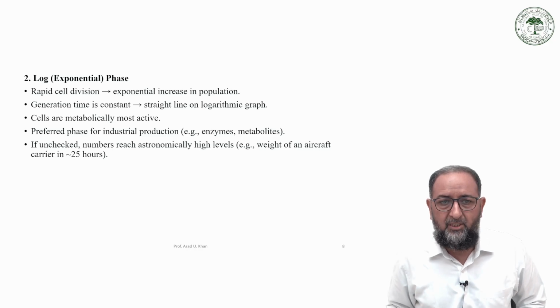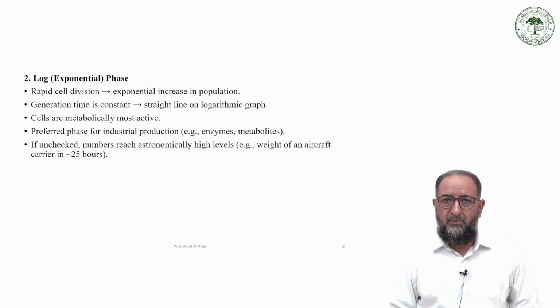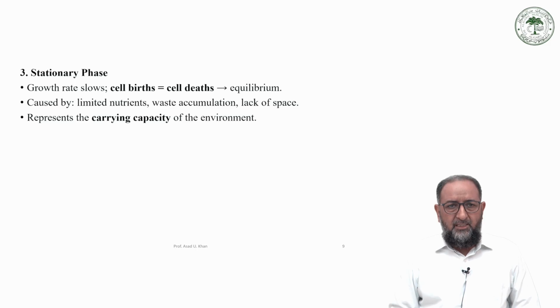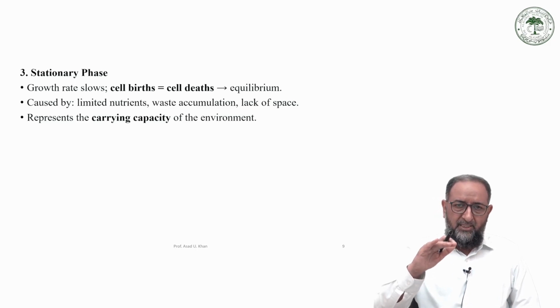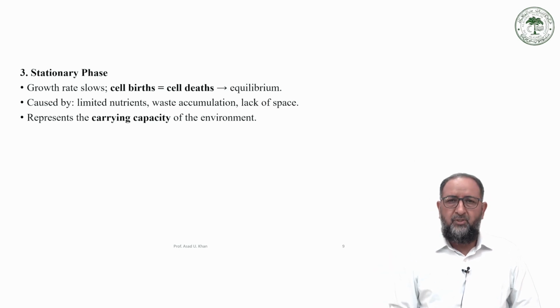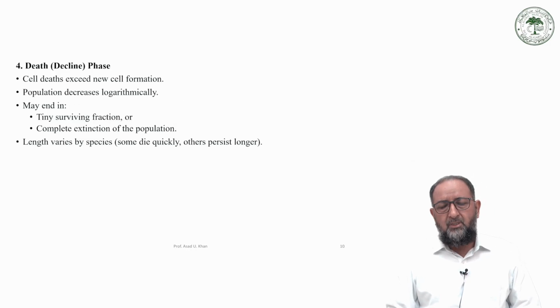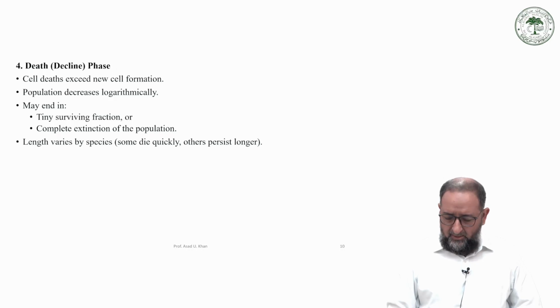It is the preferred phase for industrial production: enzyme productions, metabolite productions, growth hormones, or recombinant protein productions. In the stationary phase, cells are exhausted and start a depletion state, and cell growth gets depleted because of the exhaustion of the nutrient media or nutrient components. In the death phase, the cells are dying because toxins start being produced after a certain time, and nutrients are not available; they are all utilized and exhausted by the cells, so ultimately cells die.